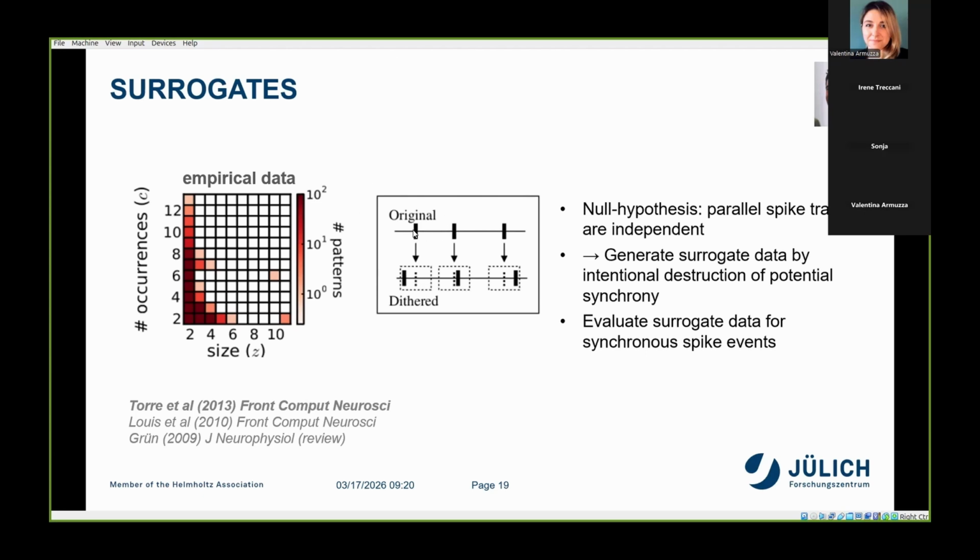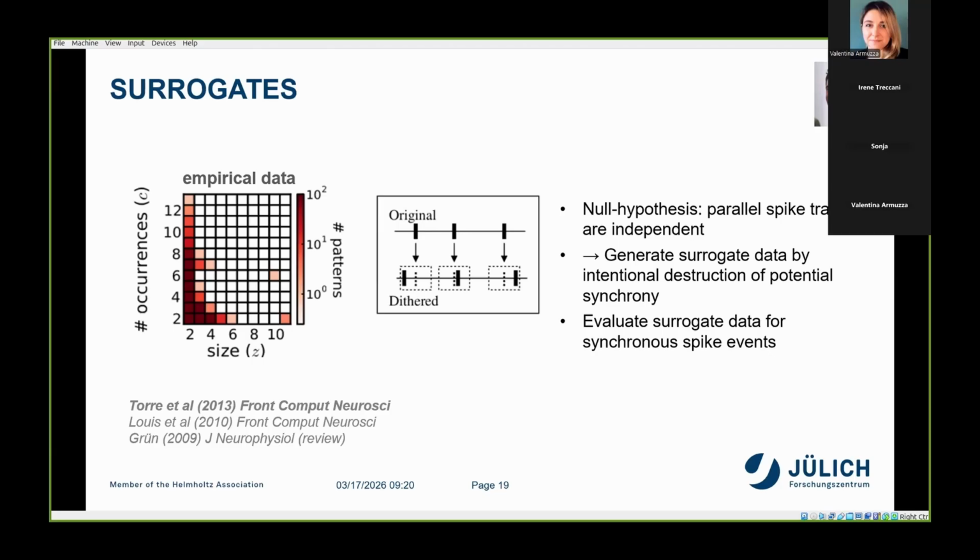The simplest way is to touch each individual spike and displace it a little bit, let's say by plus minus 25 milliseconds, if you are interested in coincident synchronous spikes of 5 milliseconds in precision. You do this and hope for the best that all the other features, like the interspike interval and the non-stationarity of the firing rates, are approximately the same.